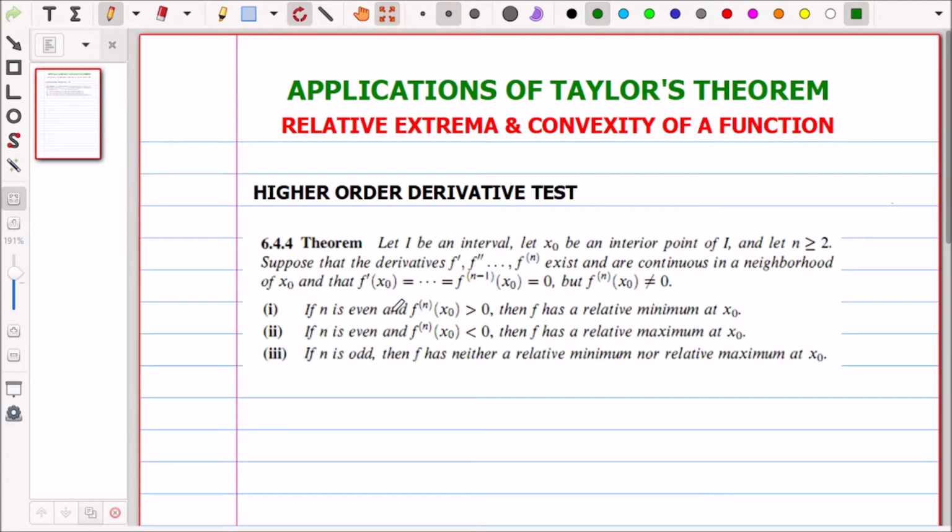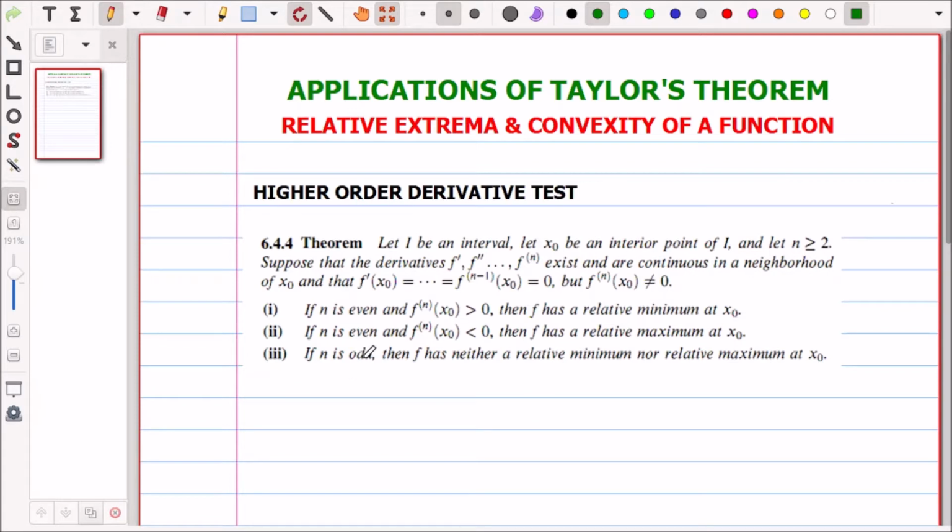Then we have three conclusions. First, if n is even and fn x naught is positive, then f has relative minimum at x naught. If you see, if n equal to 2 and f2 x naught is positive, then that is the same second derivative test, right? If n is even and fn x naught is less than 0, then f has relative maximum at x naught.